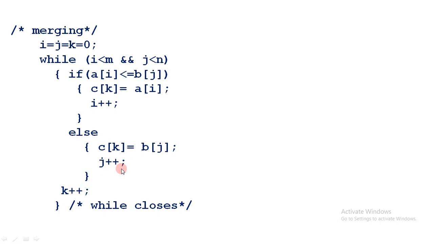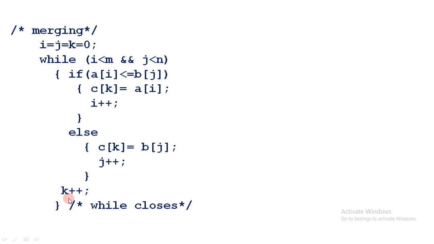So j will be incremented, because the element found in B will be plucked and placed in C. Okay, before we complete the while loop, k should be incremented in order to facilitate entry of the next element.